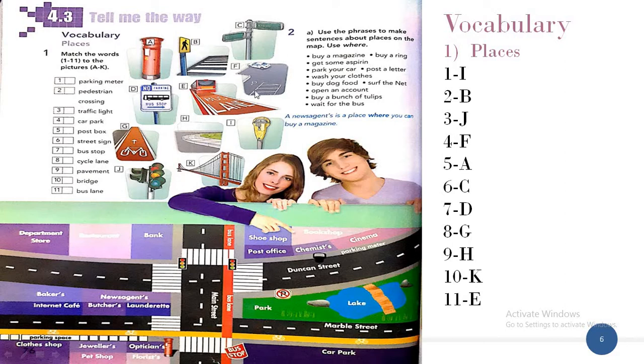So before we move to exercise A, have a look at this map. This map shows us shops, departments, post office, streets, traffic lights, etc. So we will study all these signs for today.